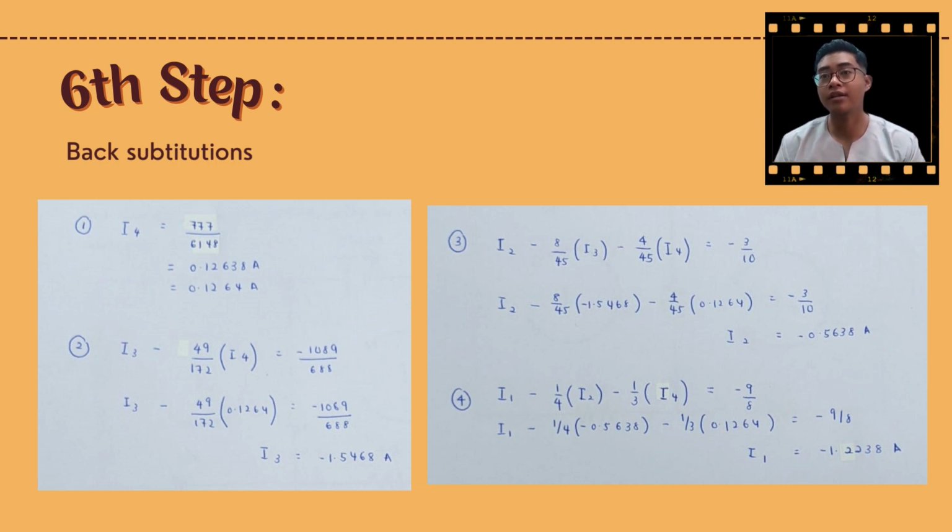Lastly, for I1, we subtract 1 over 4 I2 and subtract 1 over 3 I4 equals negative 9 over 8. We substitute I2 and I4 into the equation, and we get I1 equals negative 1.2238.